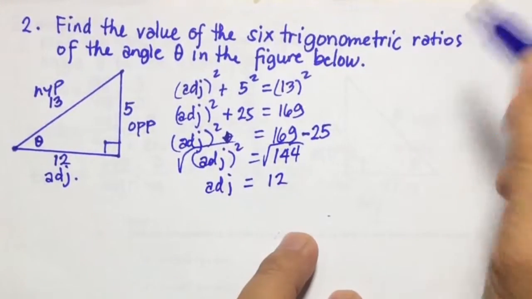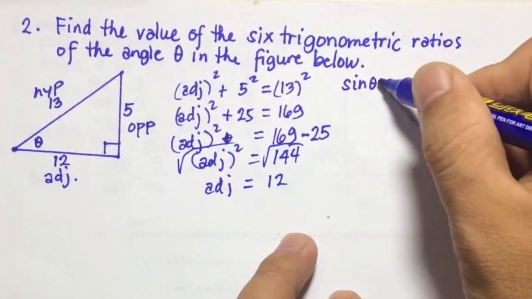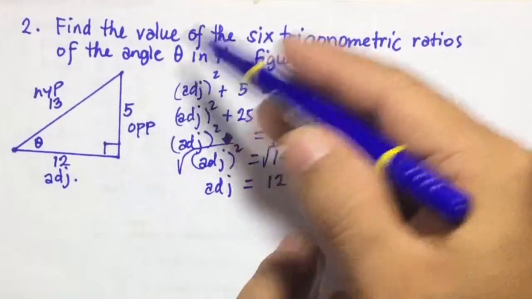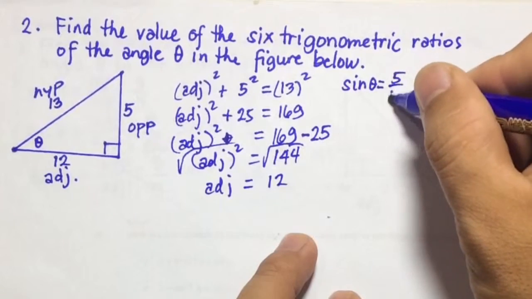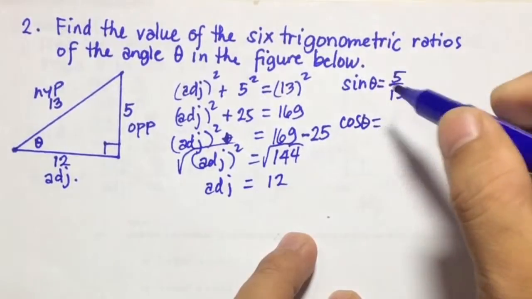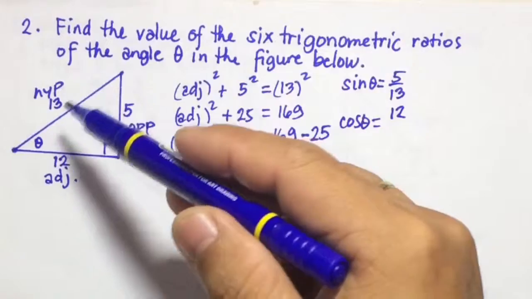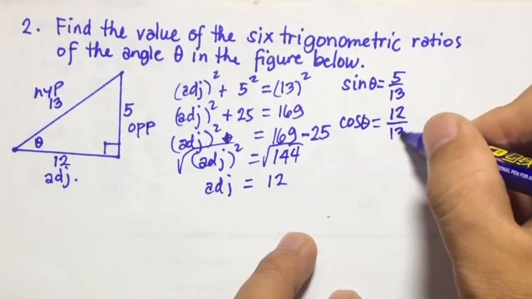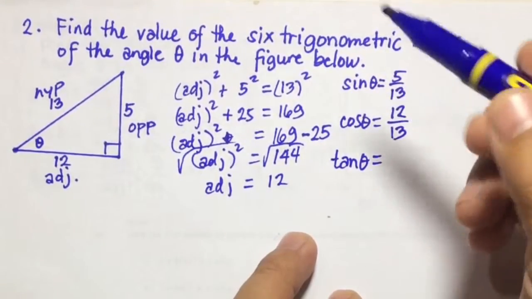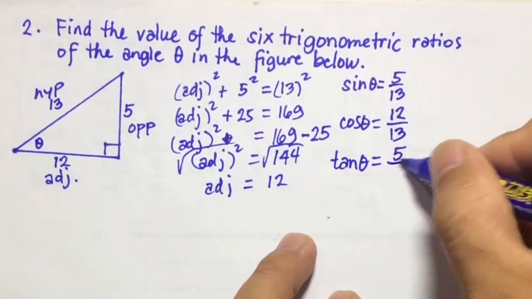Now finding the 6 trigonometric ratios, sine of theta will be opposite over hypotenuse, so we're going to have 5 over 13. Then cosine of theta will be adjacent side here is 12 over hypotenuse 13. Then tangent of theta will be equal to opposite, that is 5 over adjacent 12.